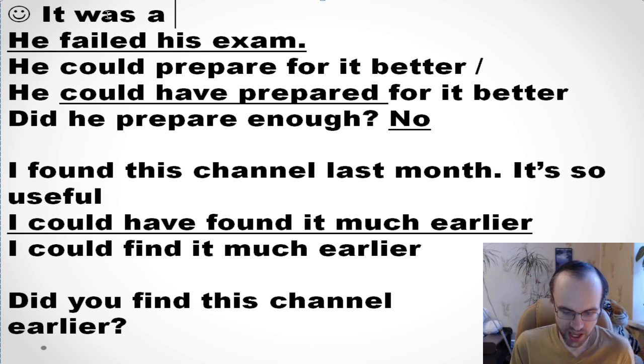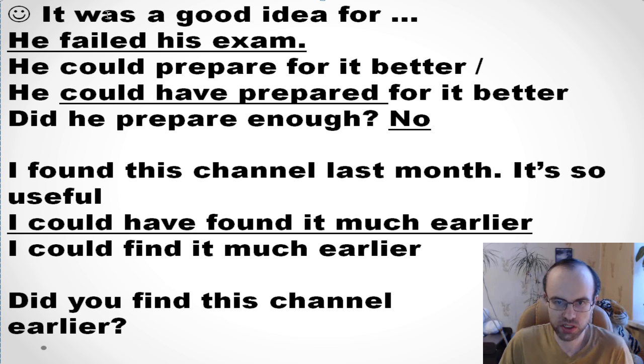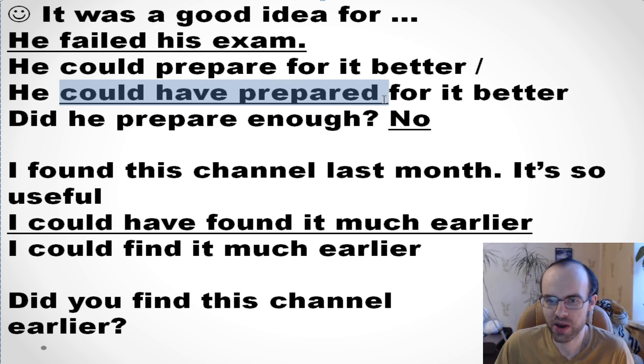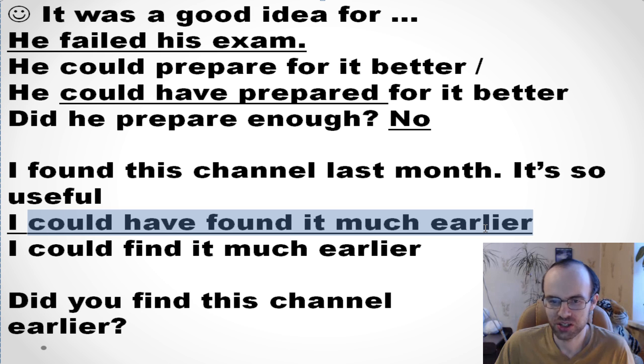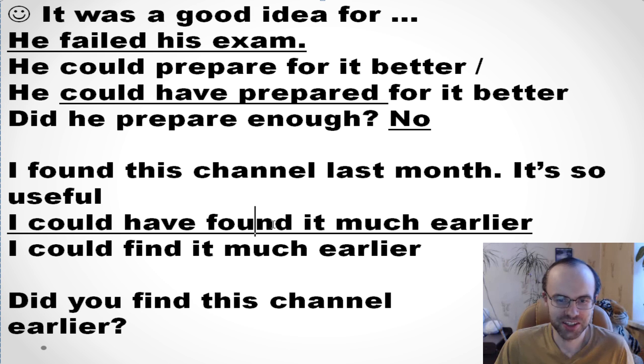It was a good idea for him to prepare better, but it didn't happen. He didn't do it. And we use this structure. I could have found this channel much earlier. Great. And if you write this sentence or this phrase, it will be great.